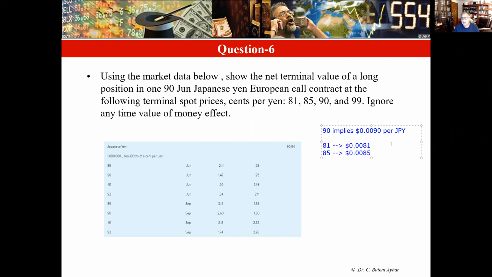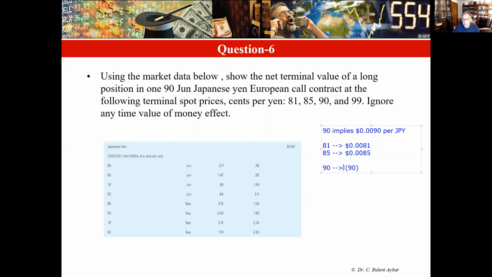Another way to see that: when we see 90, to get the actual dollar price, we need to take the 90 itself.